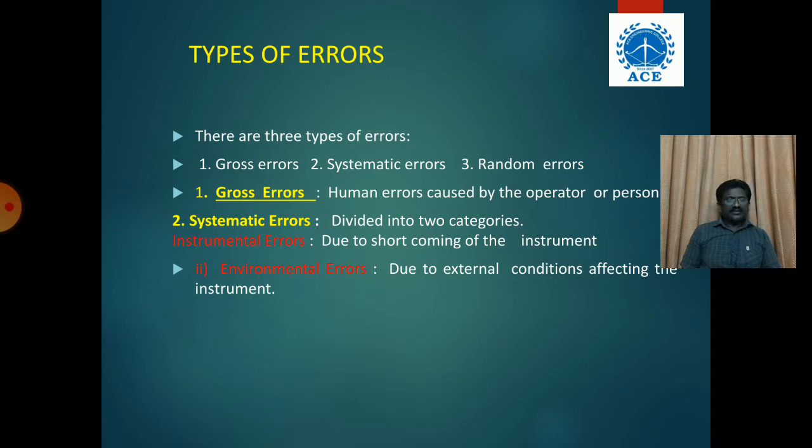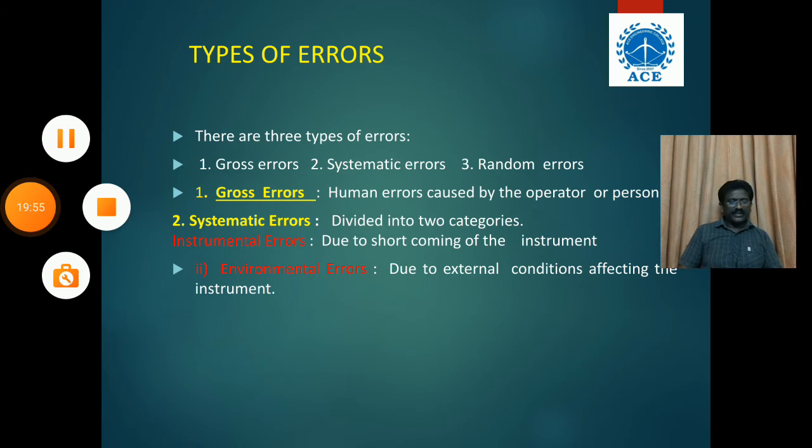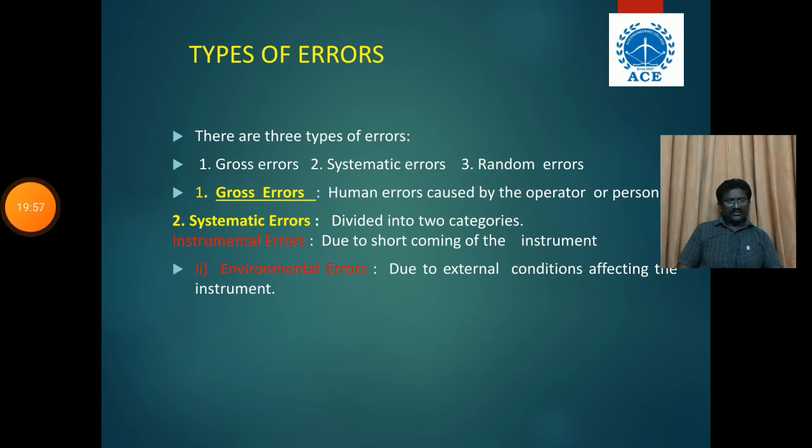Second one, environmental errors. Environmental errors occur due to external conditions affecting the instrument. Here external conditions means temperature, pressure, humidity, magnetic and electrostatic fields, dust, improper housing of the instrument.